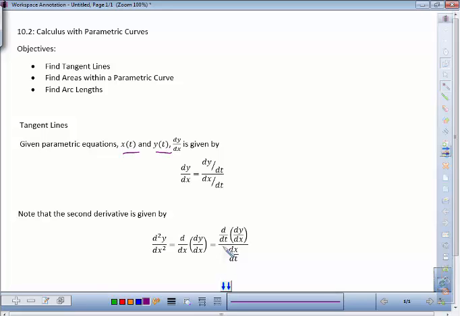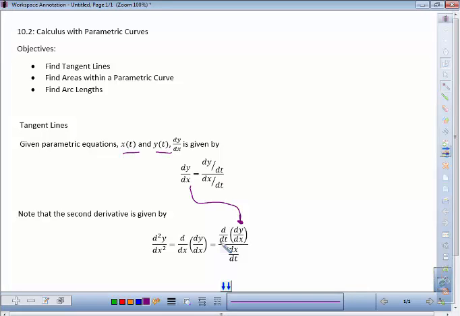But in general, this is how you can think about the derivative. So the second derivative involves you taking the derivative of the first derivative, and that's what's going to go in the numerator, and then you're going to divide by the derivative of your x function.